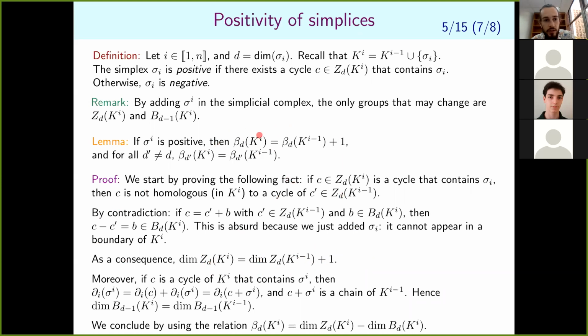So at the end, the dimension of the homology group is increased by 1. And if you look at other dimensions, all the groups remain the same, so the Betti numbers remain the same. I hope it was clear enough for you. Please interrupt me if you have any doubts.